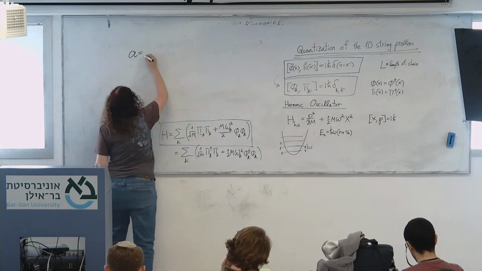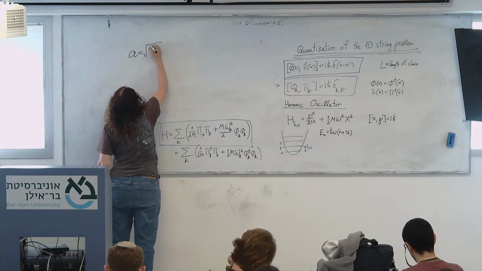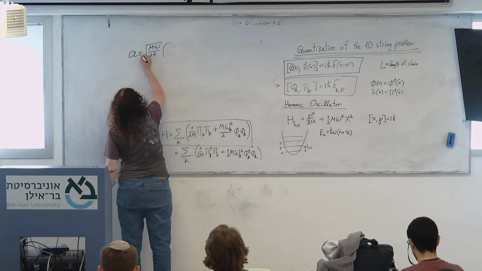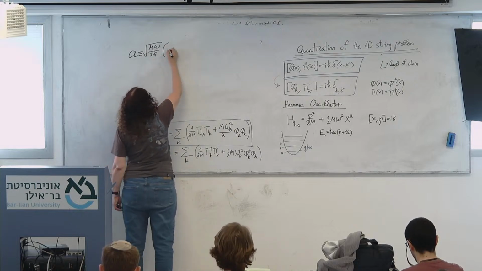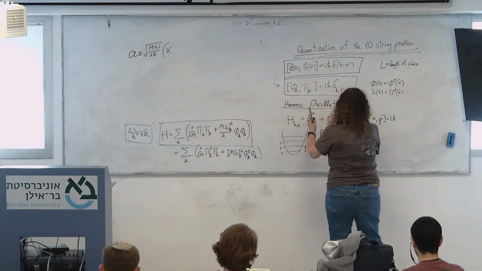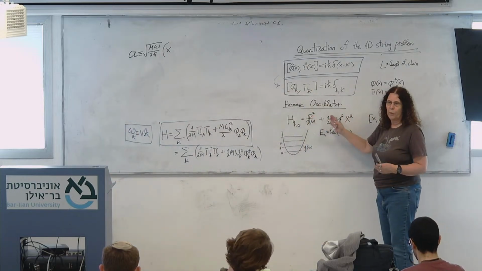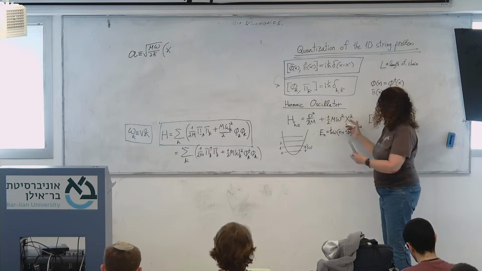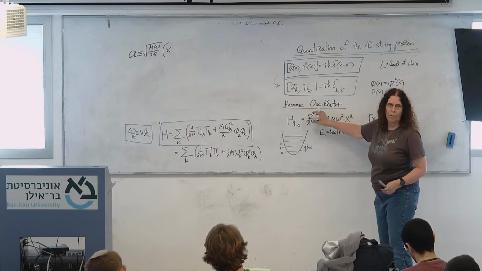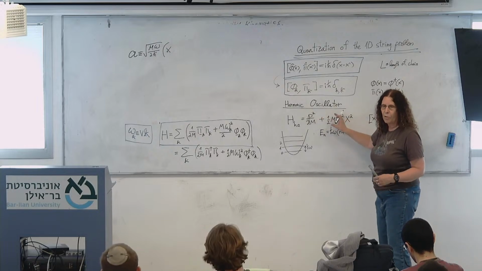A is this, the definition, right? So what is the motivation for doing this? I see that here I have two different operators, x and p, but the form is very similar. Both terms are quadratic in x or p.